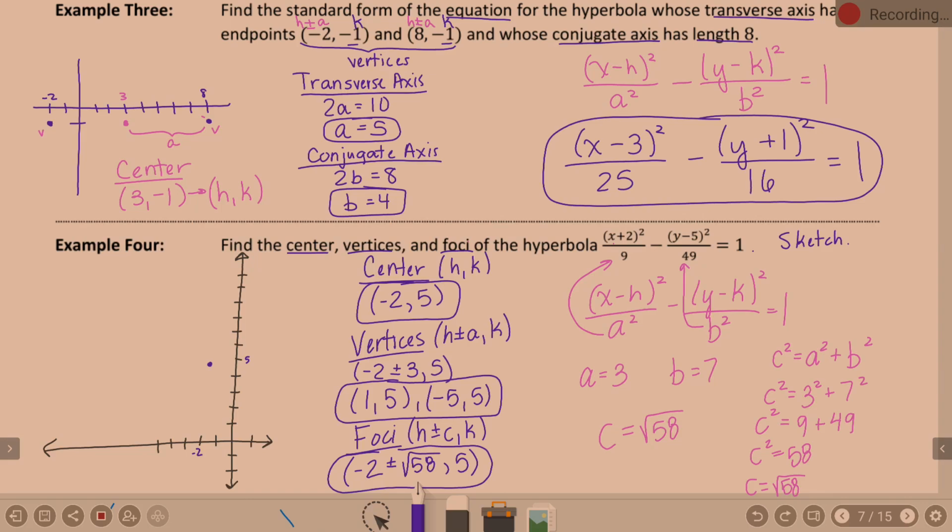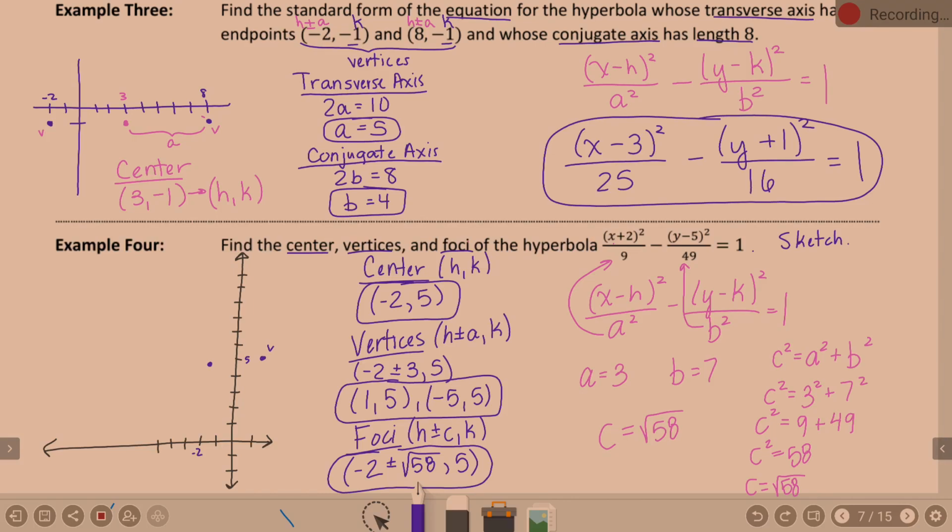Where can we go from there? Vertices. Okay, vertices. How do you want to do the vertices? Did we find the vertices? Yeah, they are at 1, 5 and they are at -5, 5.